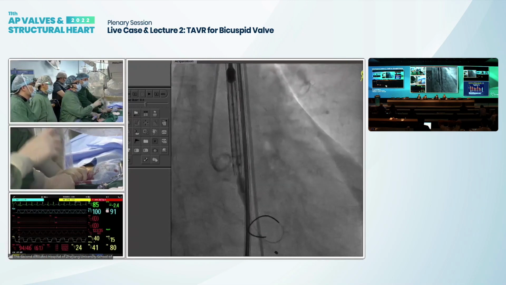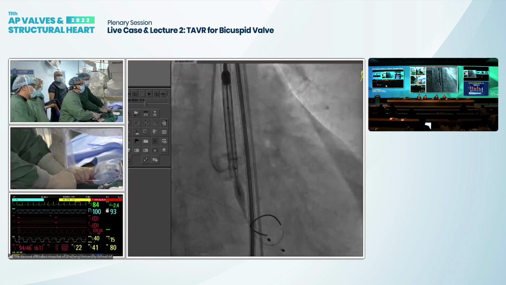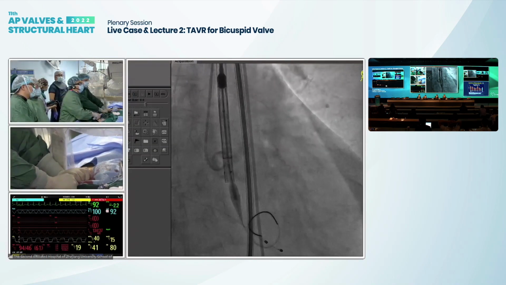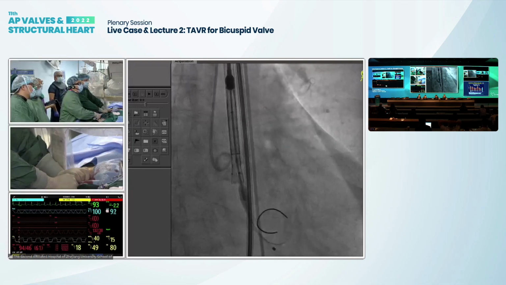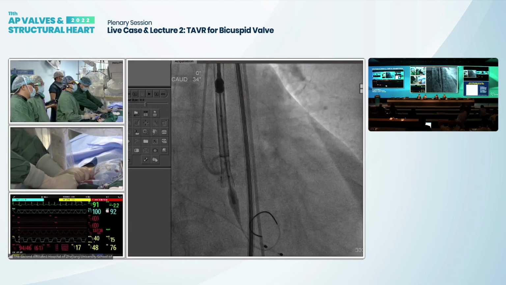For this kind of patient, maybe the calcification means it needs to go a bit lower. So the bottom of the non-coronary sinus, maybe just at the lowest calcification.